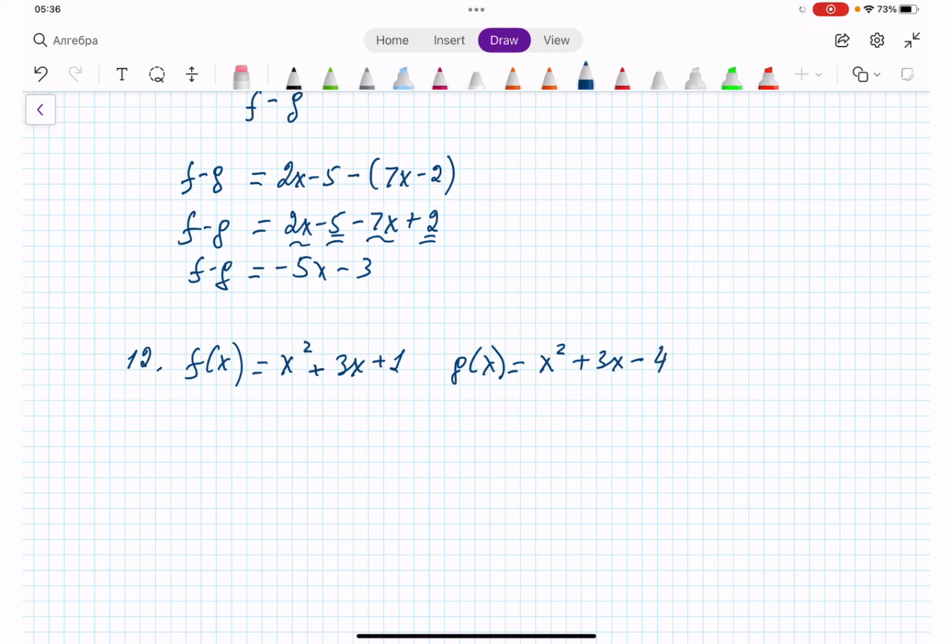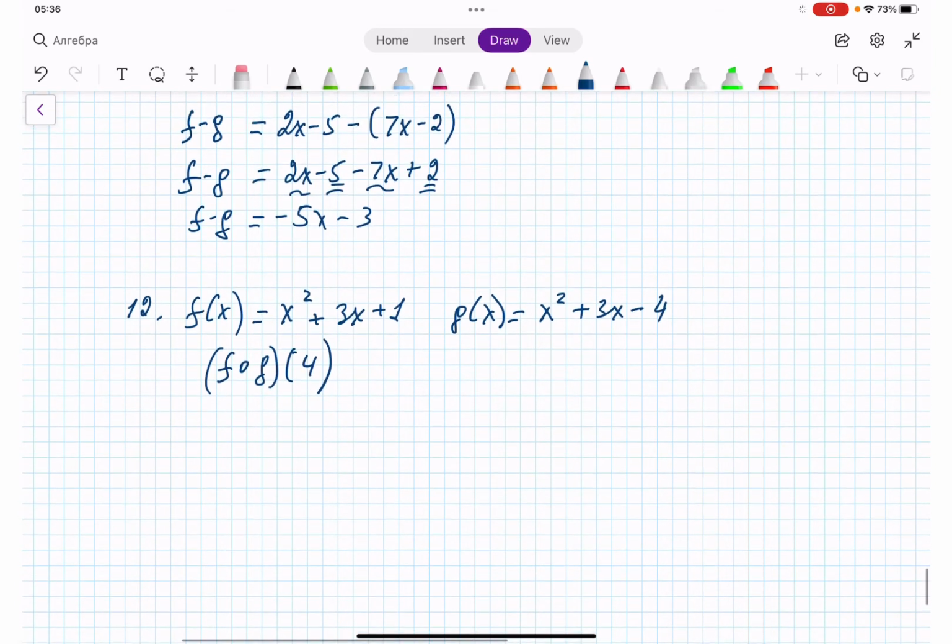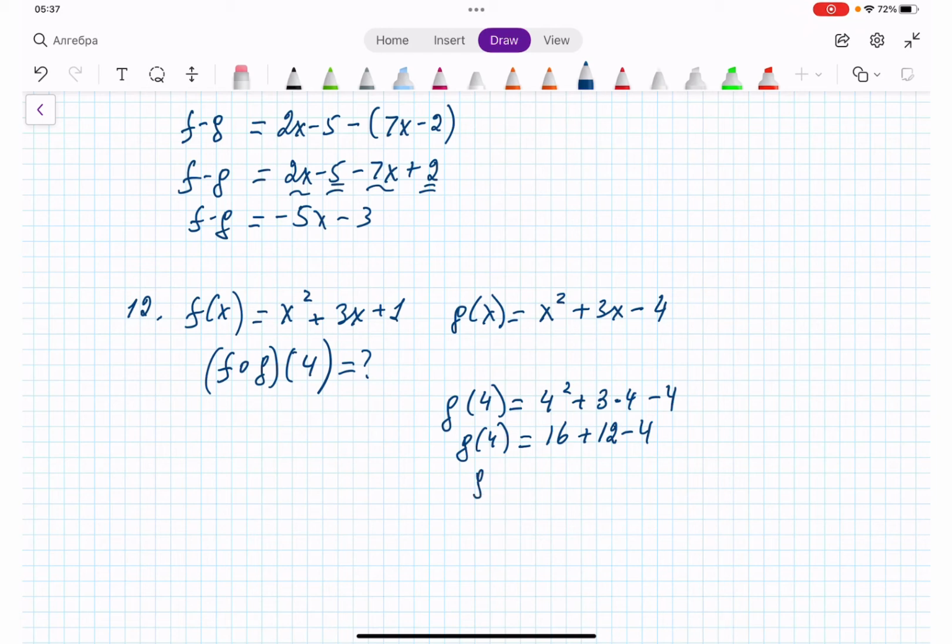Okay, so we need to find f composed with g of 4. So what does that mean? First, we need to find g of 4, which is going to be equal to 4 squared plus 3 times 4 minus 4. And the result is 4 squared, 16, plus 12, minus 4. So g of 4 is equal to 16 plus 12, 28, minus 4, 24.